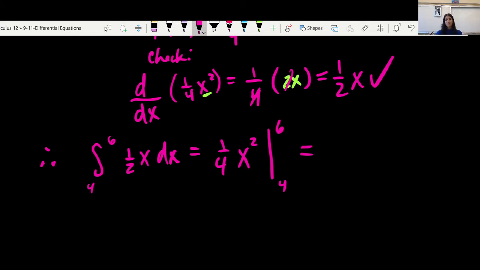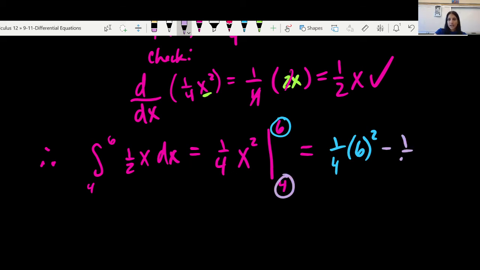Kind of flying through this, but I do feel like this truly is review from what we've done the last few classes. And then in this case, I'd want to take my upper limit and plug that in. So 1/4, 6 squared. And then I would want to subtract from that the lower limit. So subtract 1/4, 4 squared.